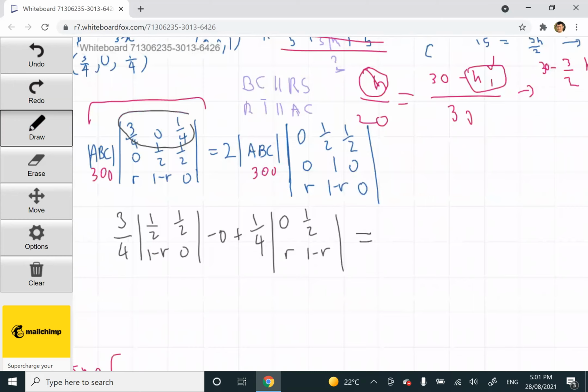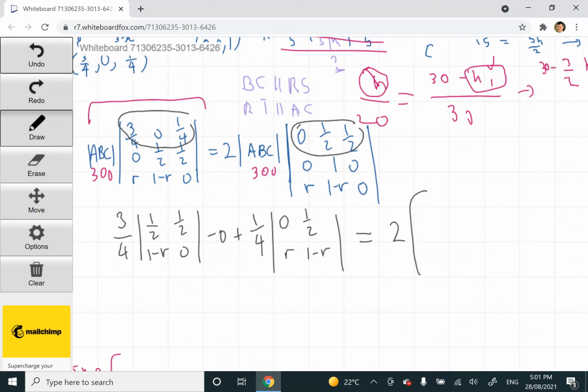And that's supposedly equal to 2 times... oh, there's a lot of zeros here, that's nice. So we could actually expand down this column, but instead of confusing, let's just keep doing it along this row.